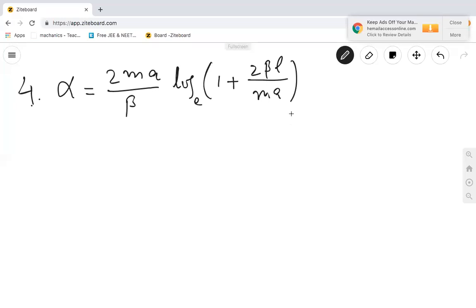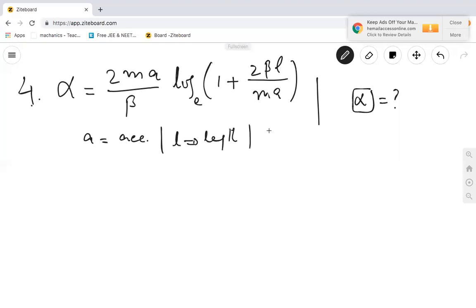We have to find the dimensions for alpha. How are we going to do it? A is acceleration, L is length, M is mass.